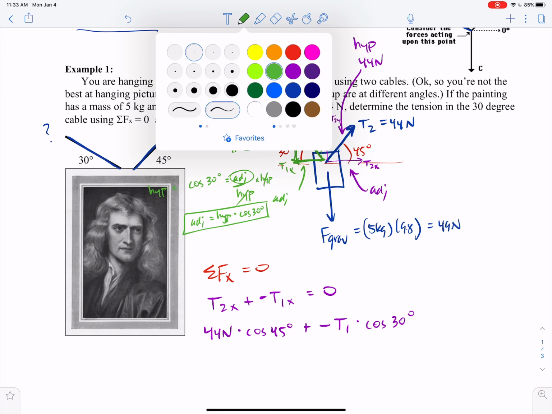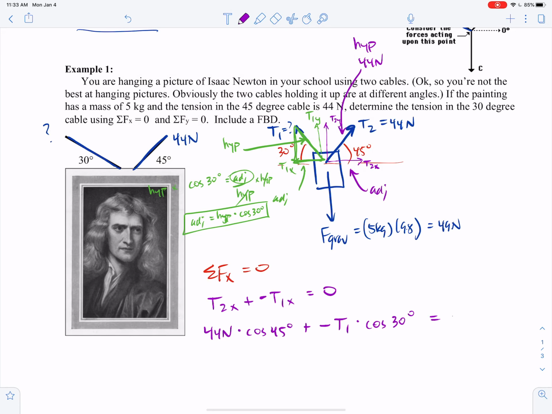All right, setting that equal to 0. So yeah, I'll have 44 newtons times the cosine of 45 degrees is then equal to T1 cosine 30.